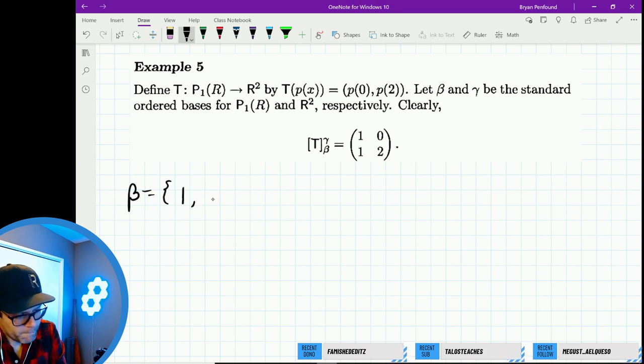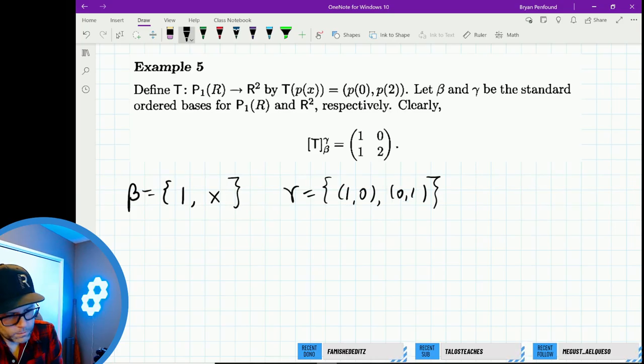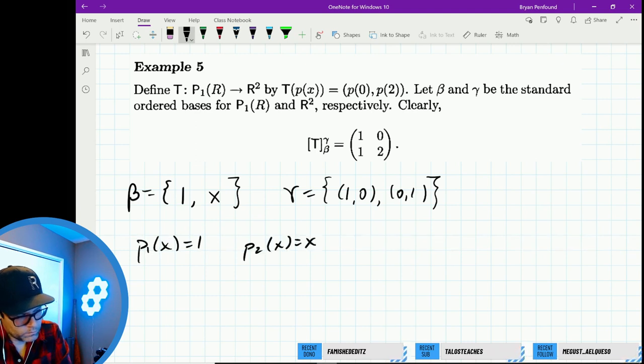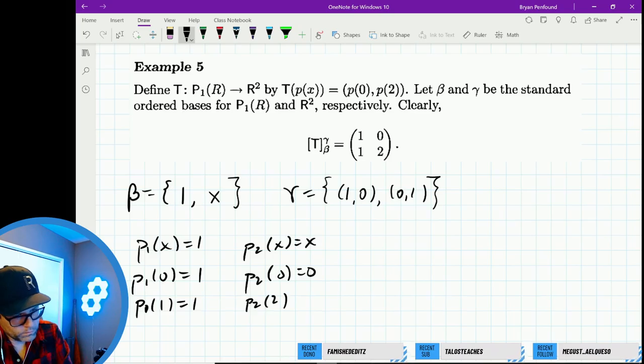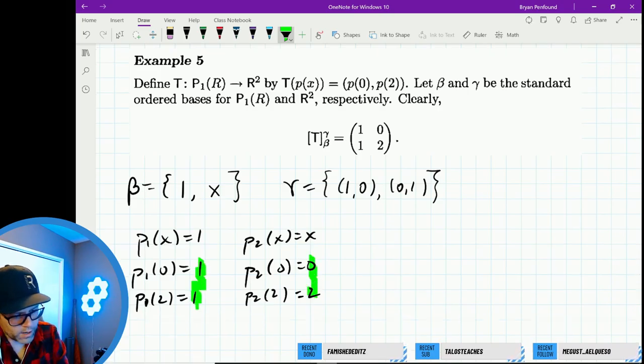Do we usually start with 1? Okay, so that's where the 1, 1, and 0, 2 are coming from.